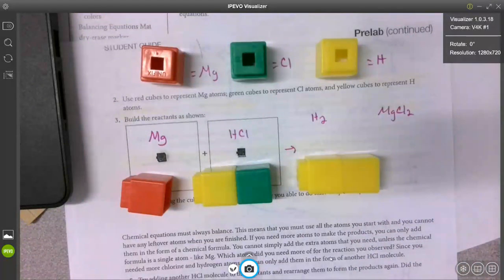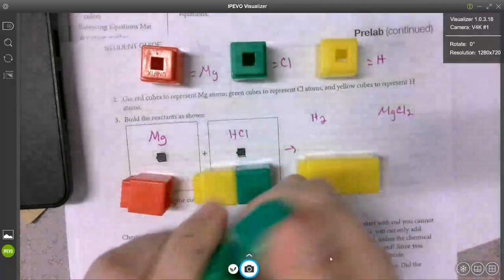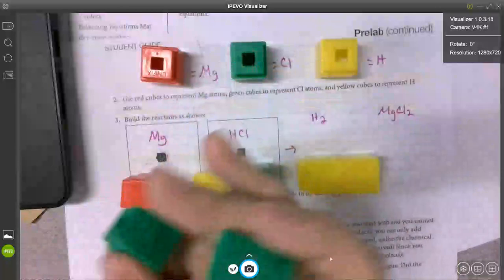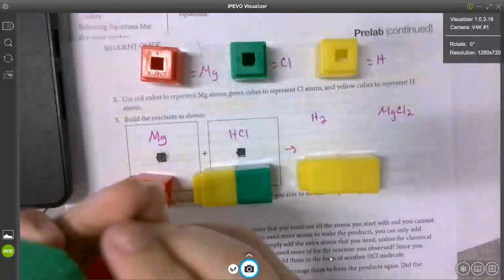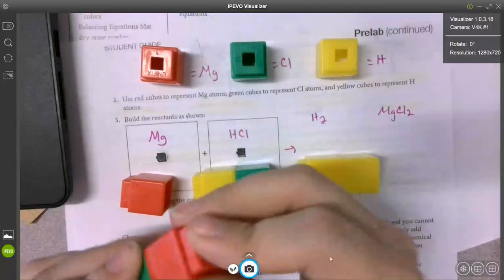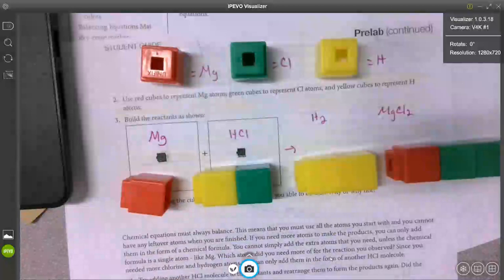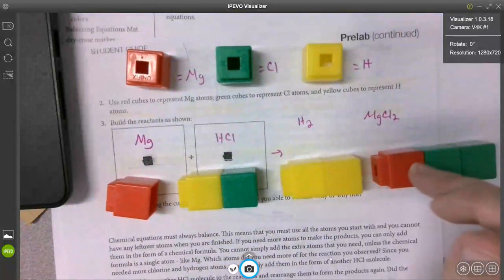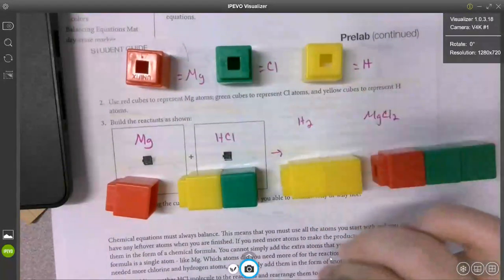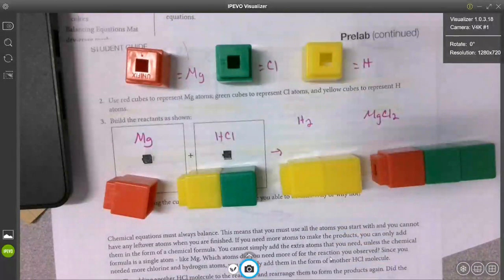MgCl2: Mg is red, chlorine is green, and there are 2 chlorine atoms. That's not really staying on there as well as I'd like it to. So we have magnesium chloride, hydrogen gas, hydrochloric acid, and magnesium.